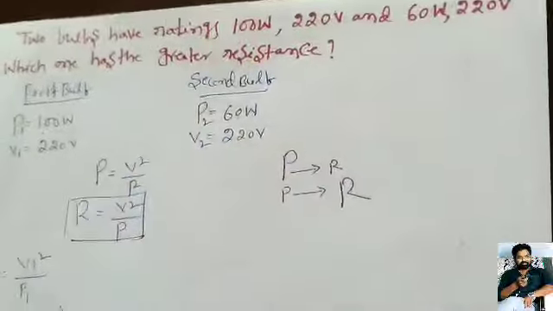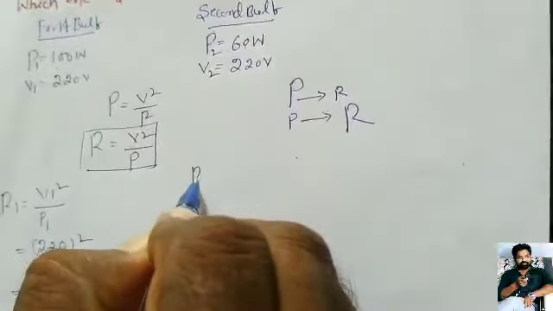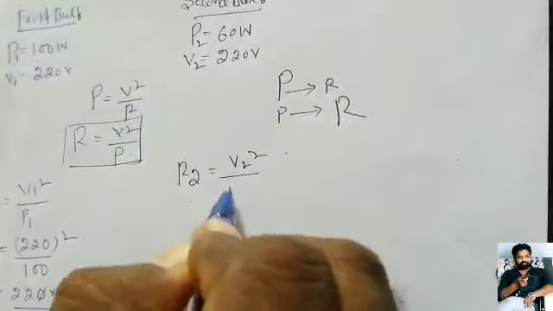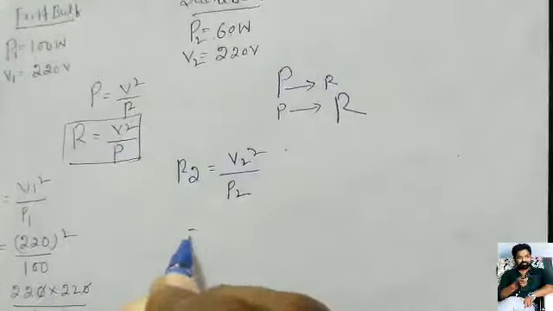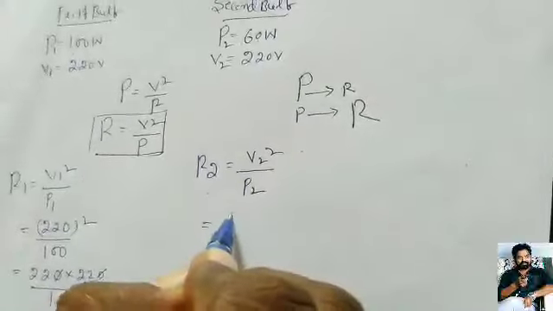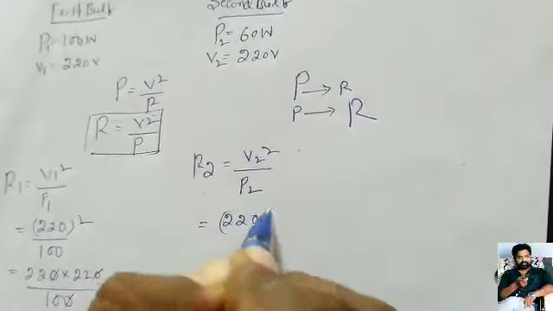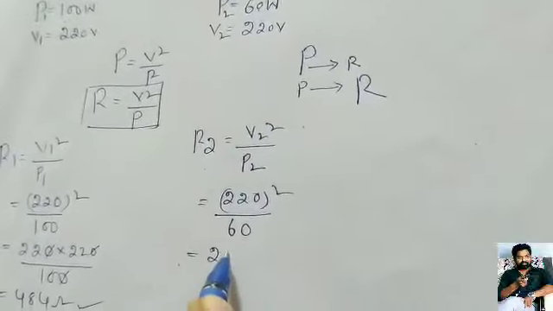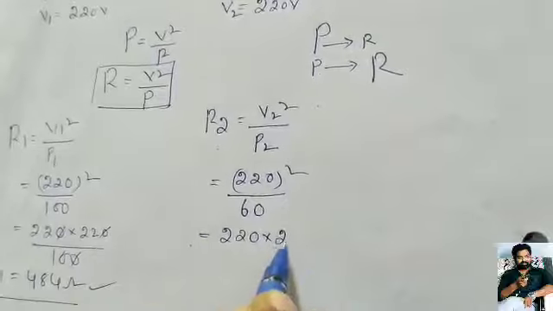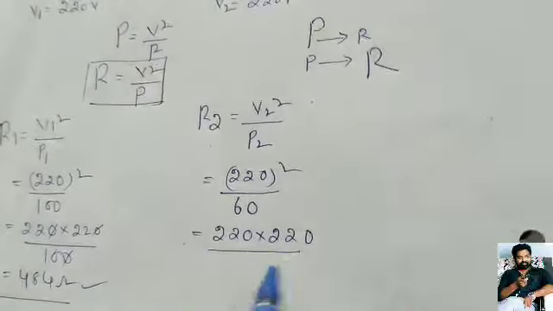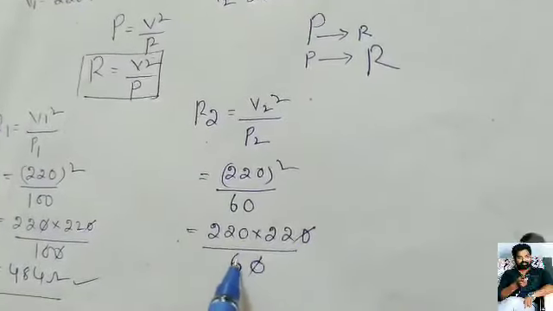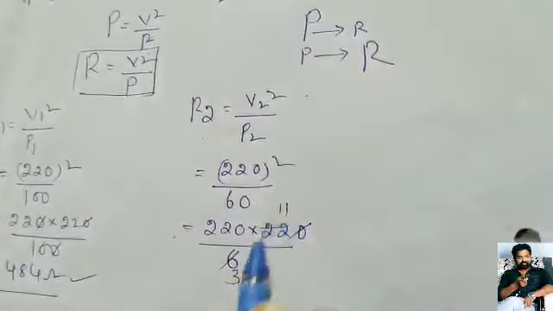Now for the second bulb, consider it is P2, V2. Now we can find R2. So R2 equal to V2 square by P2. Then V2 is 220, whole square by P2, 60. Then 220 into 220 by 60. Here 0 0 get cancelled. So 2 threes 6, 2 elevens 22.